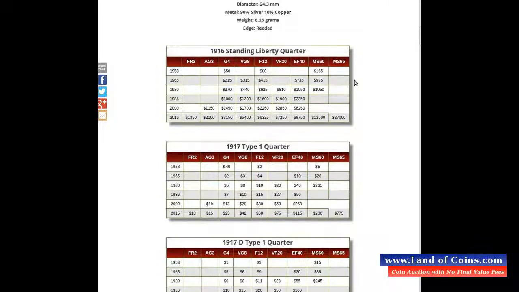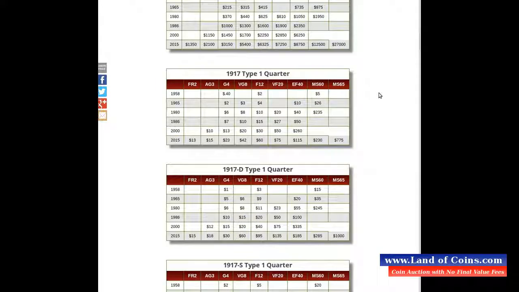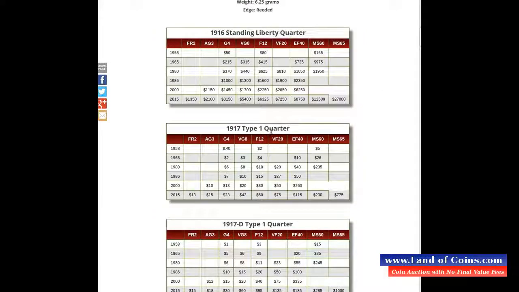Some of the other coins in the series, we'll just go to the next one, 1917. Look at this. The Type 1, a lot less in value. Just like today, the rare coins are more expensive than the more common coins. $2 in 1958 for the 1917.